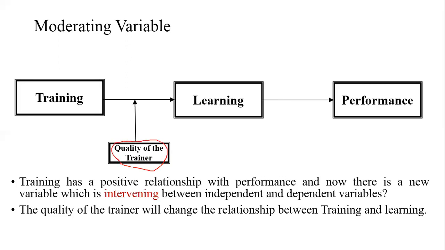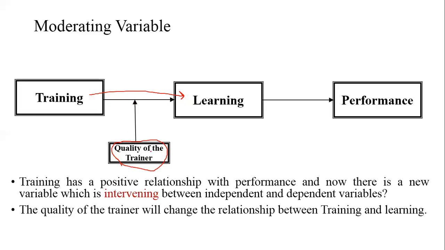Because of the presence or absence of this variable, the relationship between these two variables will change, or this variable has the capacity to change the relationship between two variables.